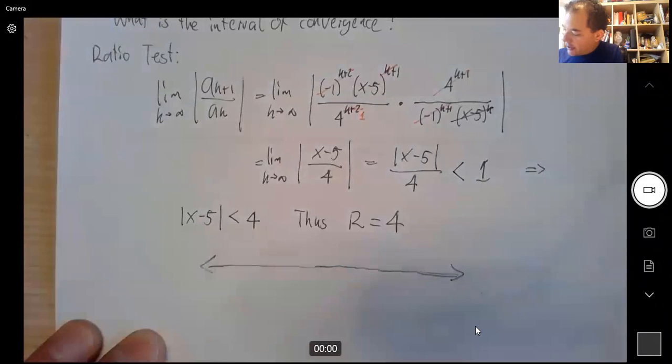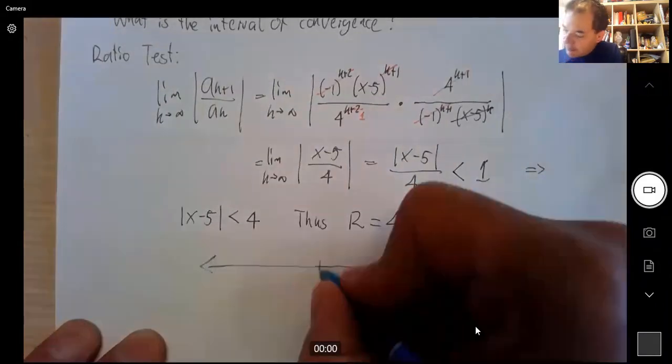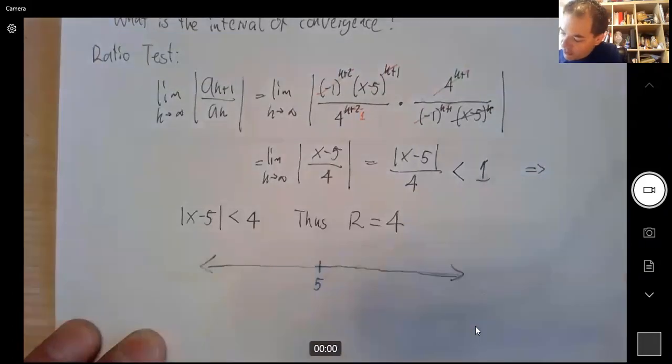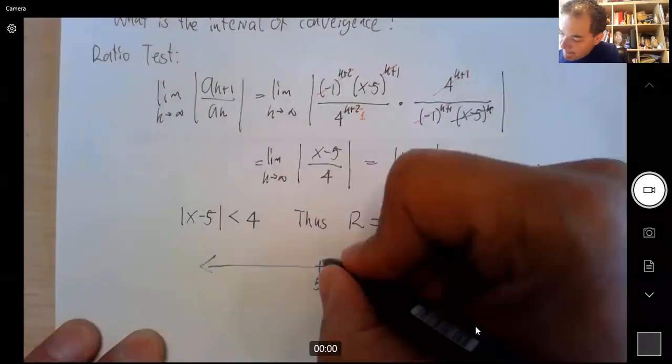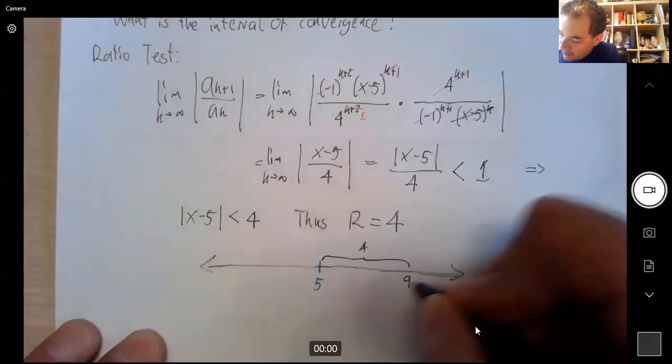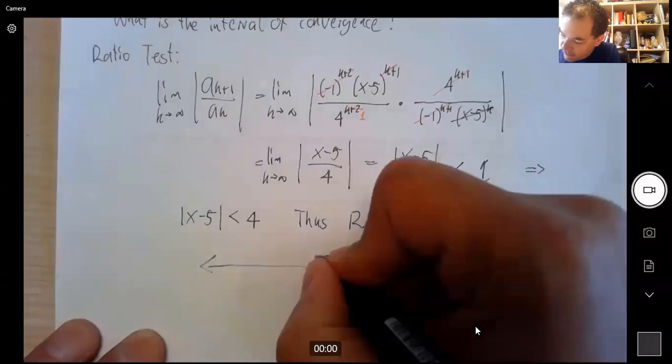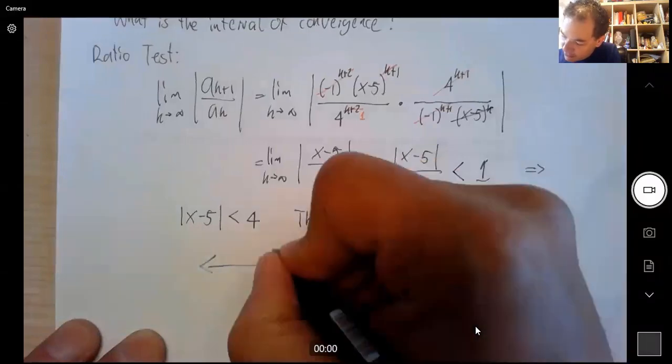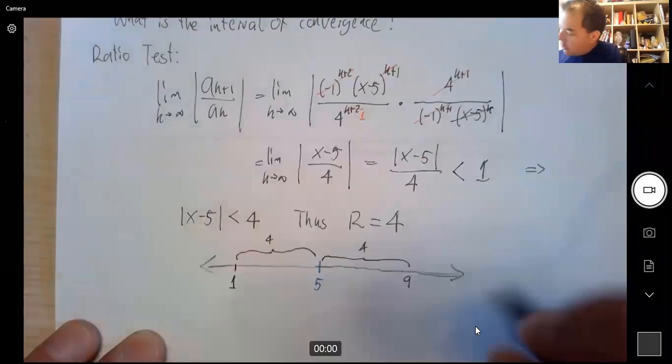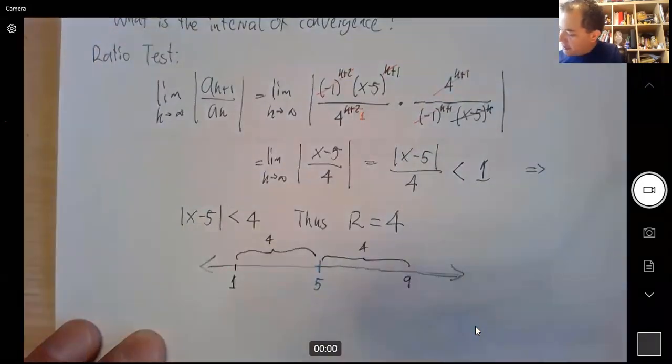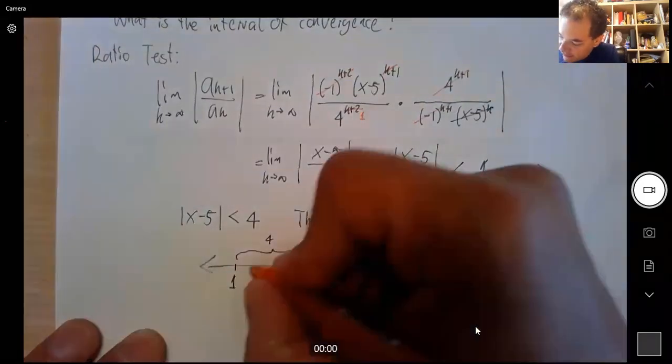The center is 5. And we go 4 units this way, that would be 9. And we go 4 units this way, that would be 1. So we already know it's convergent inside, right here.